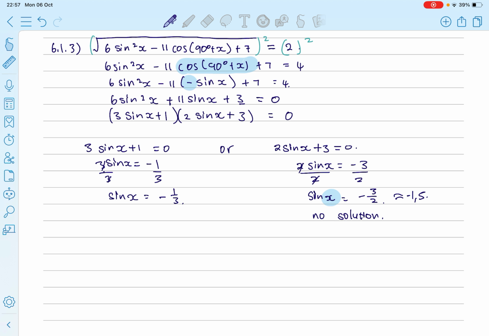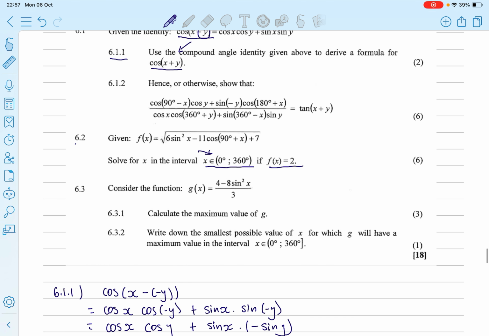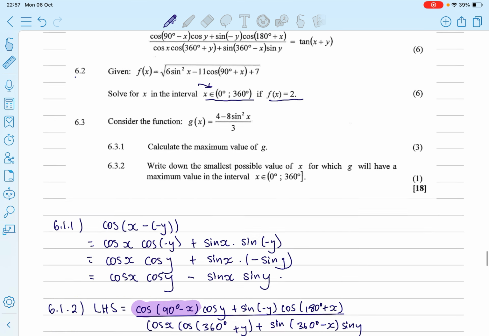Now, coming back to the one that did have a solution, here we need to get our reference angle, because remember I said we are taking the approach of general solution, but then we can get the specific angles since we have that interval from 0 to 360.